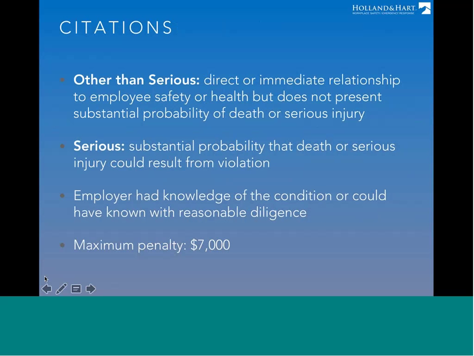Here are the definitions of the citations, and the main thing I want to underscore here is that the difference between an other than serious or serious citation largely relates to the negligence that accompanies the violation.